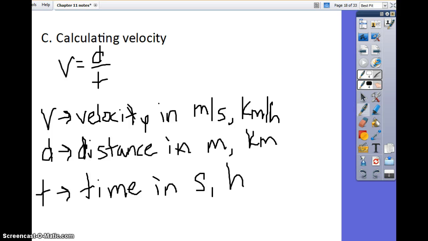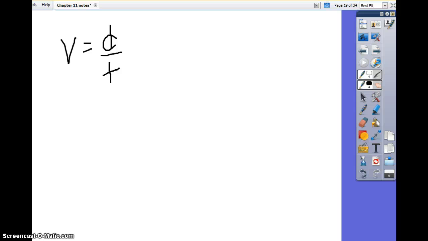You need to know that to solve for velocity, and solving for distance, you would want to multiply by time on both sides. I would not write this over the original, or if you do, write it on a new line, because you still need the v equals d over t.